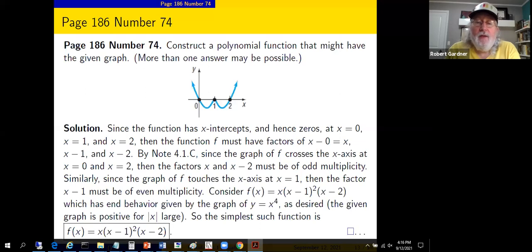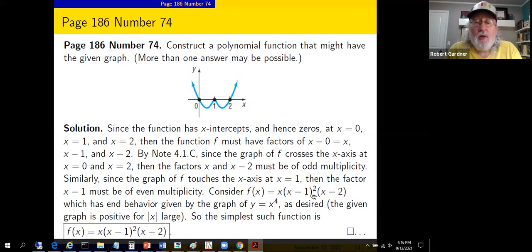So we might have something of the form x times x minus 1 squared times x minus 2. Notice the x and the x minus 2, those two factors are of odd degree. The exponent on them is odd, it's 1 in both cases. So we've done this in a minimalist way.